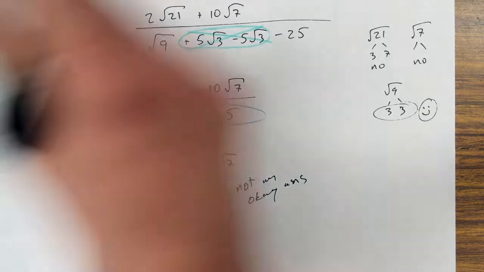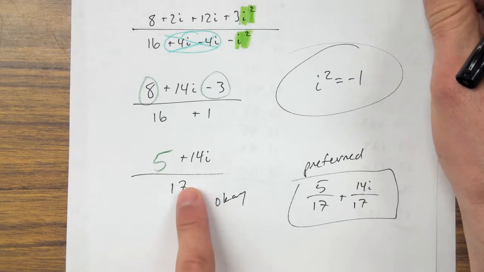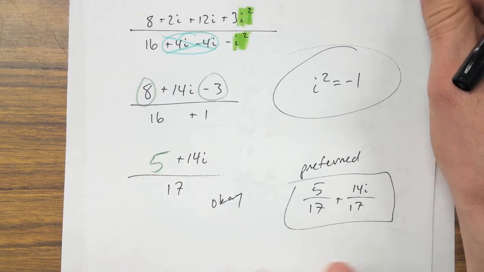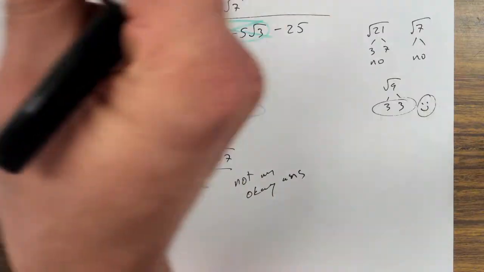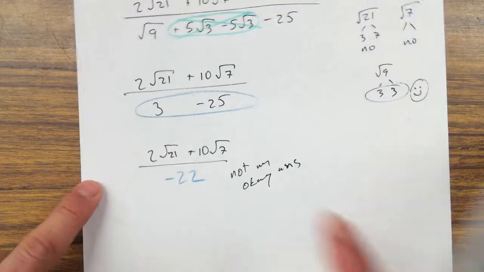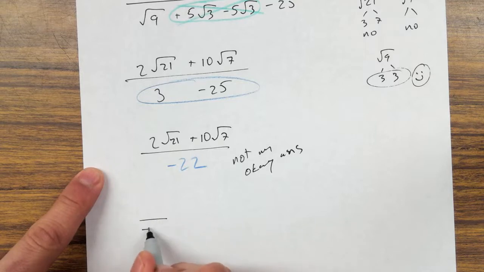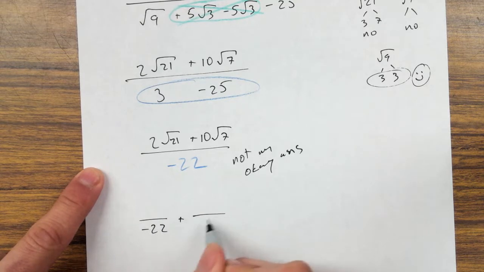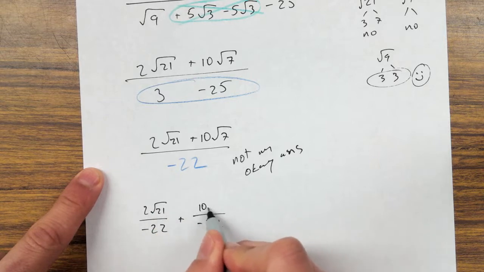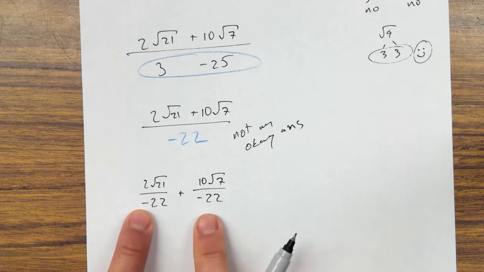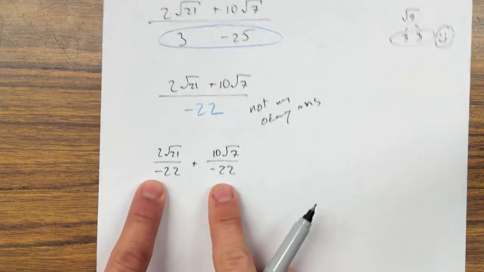So on this problem, it was an okay answer because reasonably they're not going to be reduced if you split it apart. Here, this is not an okay answer because if you split it, let's go ahead and split it. We can actually reduce not just one but both of them.